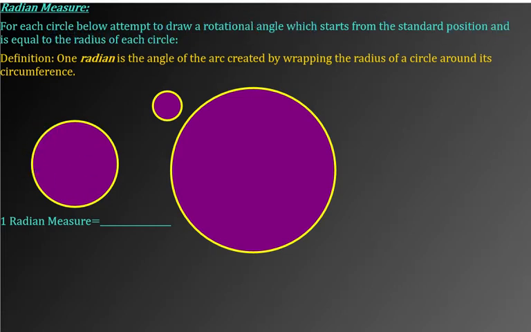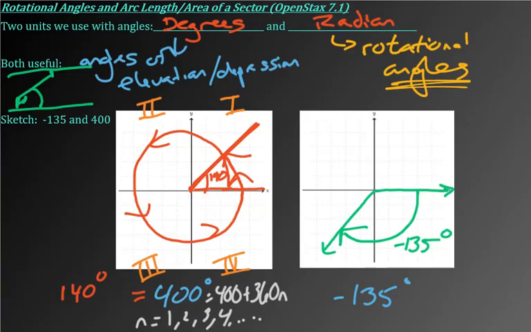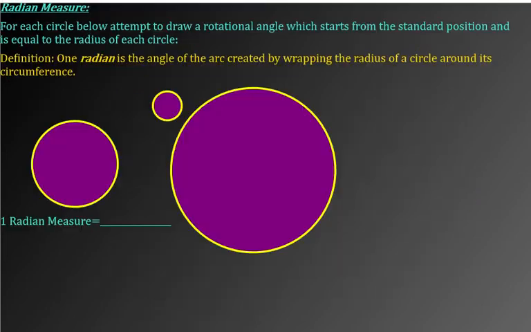I have 3 different circles, and for each circle below, I'm going to attempt to draw a rotational angle which starts at the standard position. Standard position is always kind of 3 o'clock. I'm going to start from that standard position and wrap the radius around the circle. So this is what I mean.